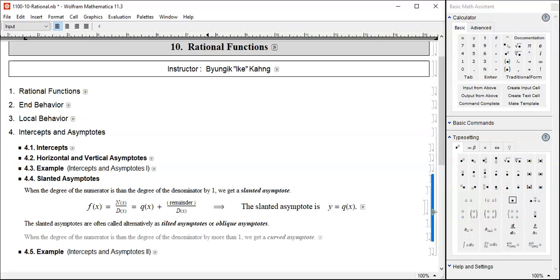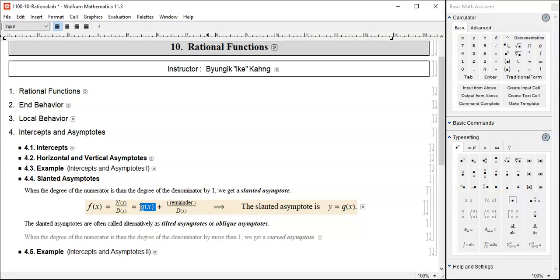That happens when the degree of the numerator is 1 larger than the degree of the denominator. In that case, you do the polynomial division, numerator divided by the denominator, and get the quotient. This quotient polynomial is going to be the asymptote, because the remainder has degree strictly less than that of the denominator, so this fraction will go down to 0.